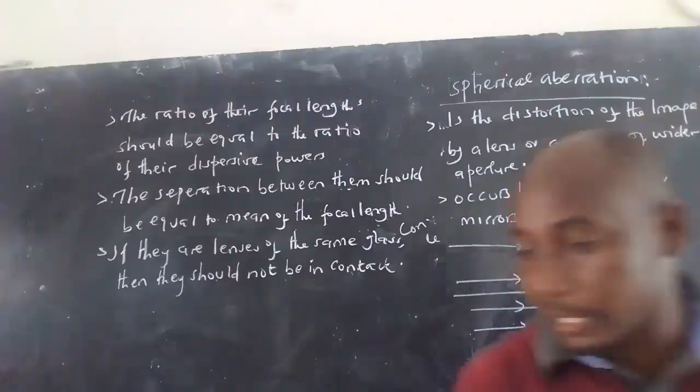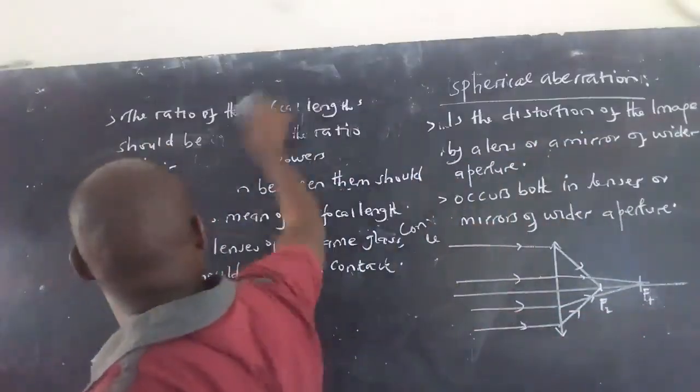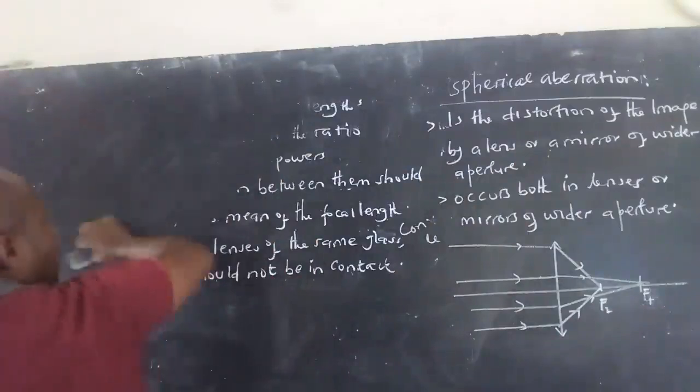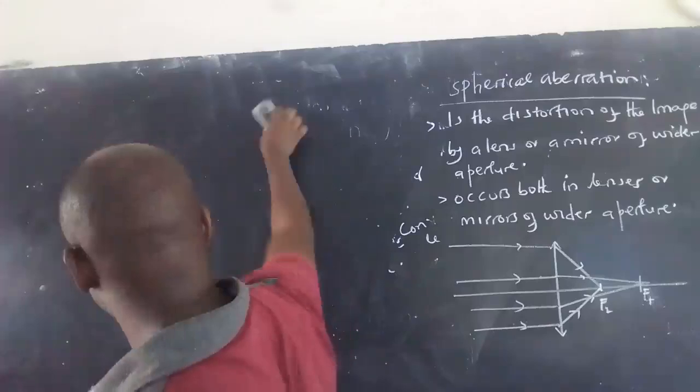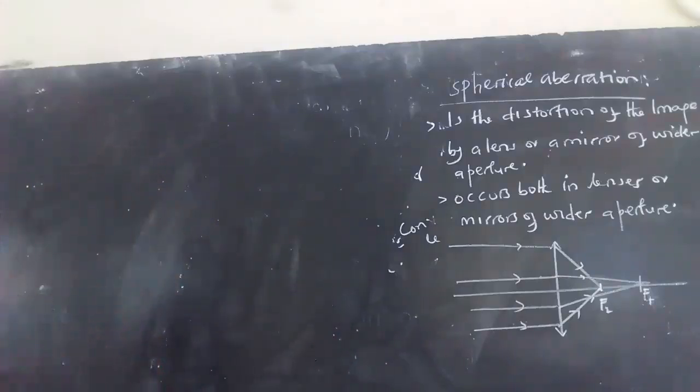So what do we explain here? We go ahead and explain how that occurs, how the marginal rays are refracted to different points, and the paraxial rays to a different point.